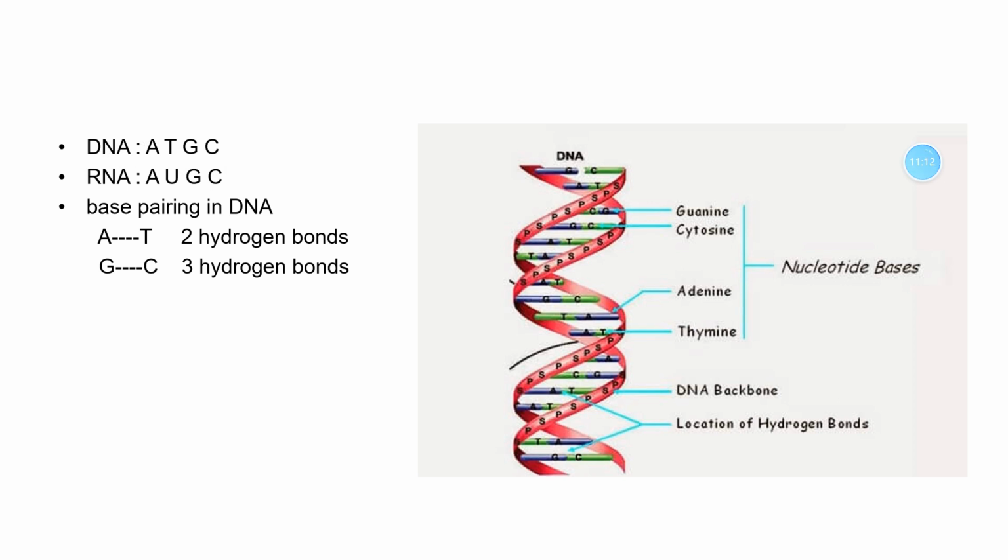There are different kinds of nitrogenous bases: in DNA there are A, T, G, C, and in RNA there are A, U, G, C. Hydrogen bonds occur only between complementary pairs, between C and G or A and T. When C connects with G, they have 3 hydrogen bonds, while when A pairs with T, there are double hydrogen bonds.